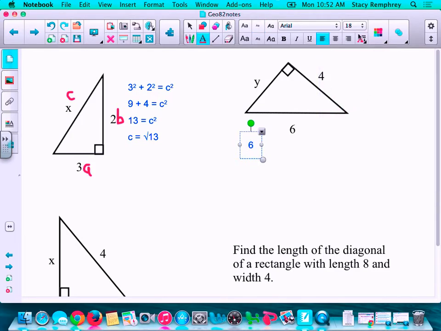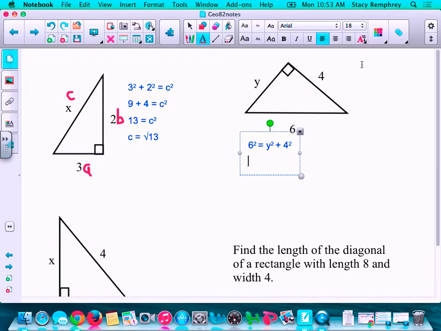We're going to have 6 squared equals y squared plus 4 squared.